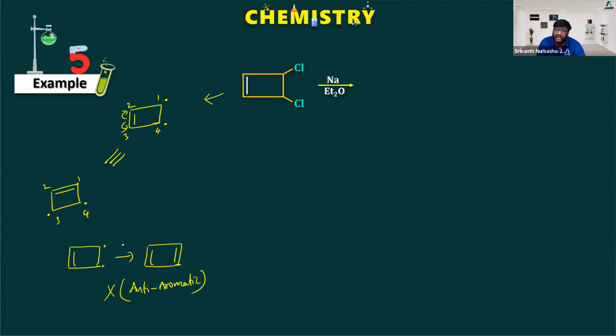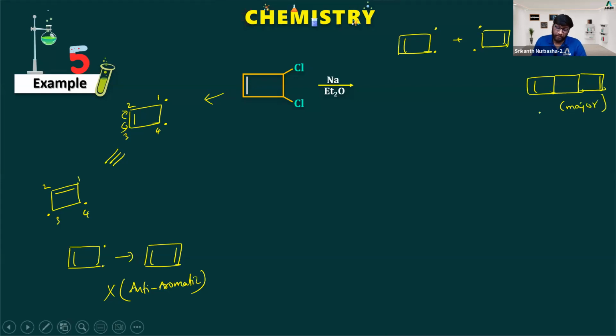So what happens now? Anti-aromatic compounds will undergo dimerization. If you remember, I have explained this point with the same example. The dimer is now going to be formed. So you'll get this type of product as a major product. Anti-aromatic compounds undergo dimerization; they will not be formed directly. Here we get this type of compound which is not anti-aromatic.